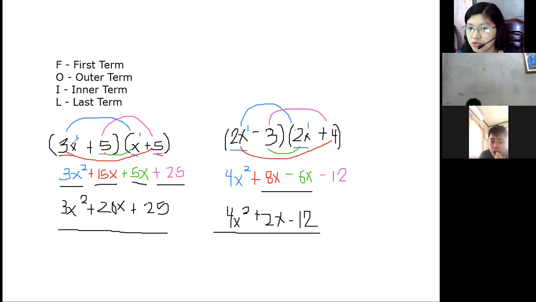So pag sinabing first term, ibig sabihin kung ito yung, di ba may operation dyan. Tapos may mga given na number. Halimbawa lang ito. Kapag sinabing first term, ito yon, yung mga parehong nasa una. Ayan. Okay? Next, imumultiply yon.